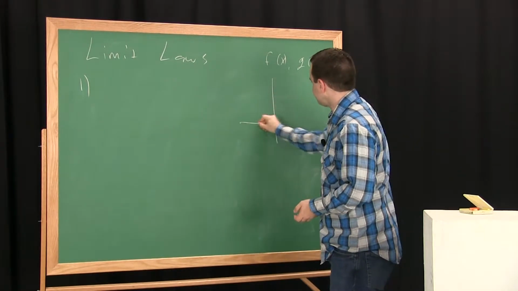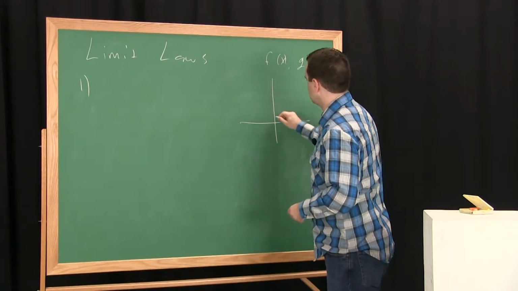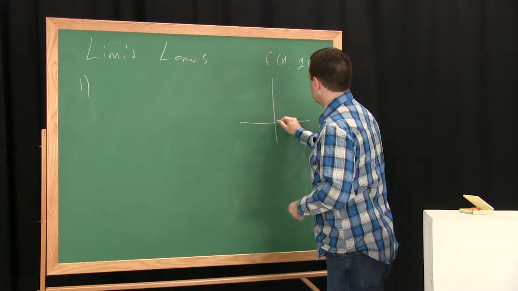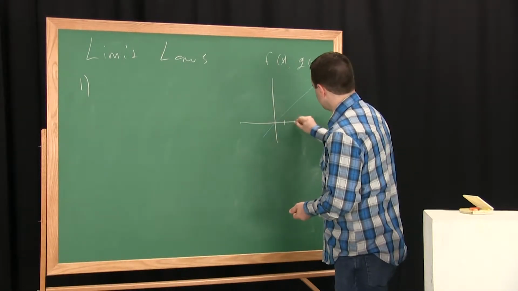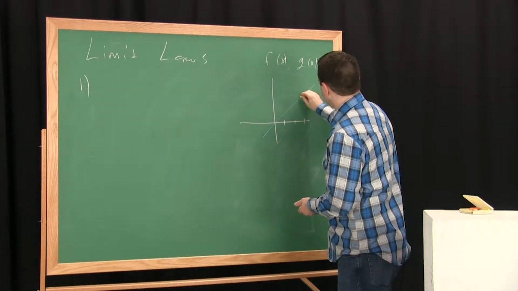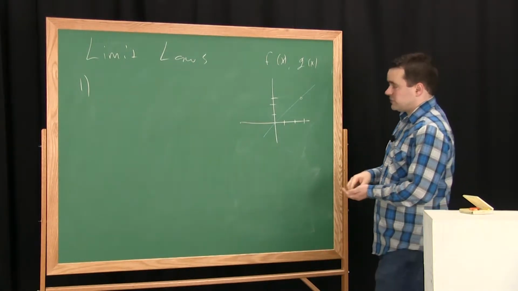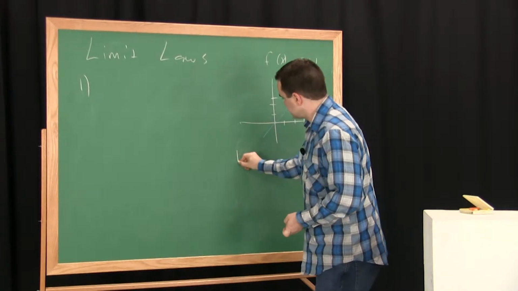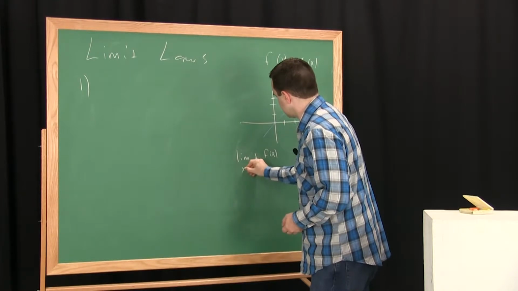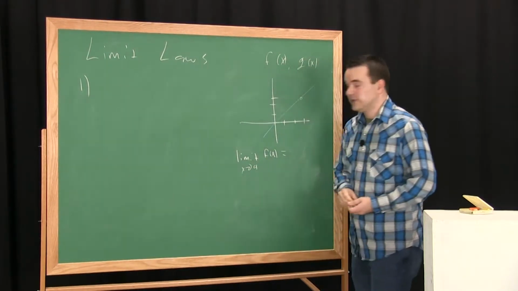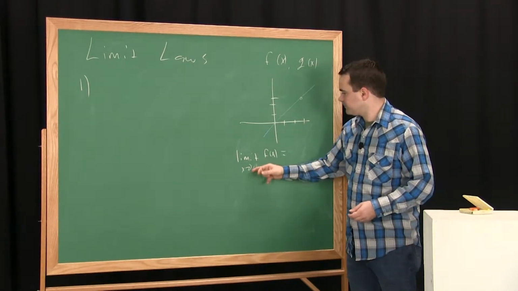Okay, so maybe f of x looks like, let's make f of x a line with a hole in it. So let's say 1, 2, 3, maybe there's a hole right there. And so now you know that, for instance, the limit of f of x as x goes to a, well, let's take a equals 3.